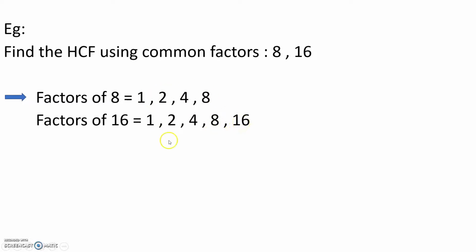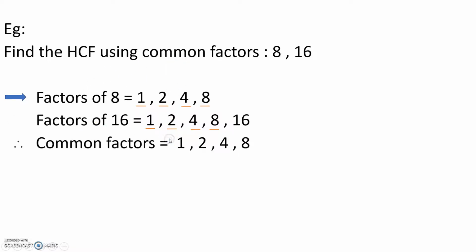Now which are the common factors in this? It is 1, 2, 4 and 8. So these are the common ones which come in both these two numbers. Now tell me children, what is the HCF of 8 and 16?